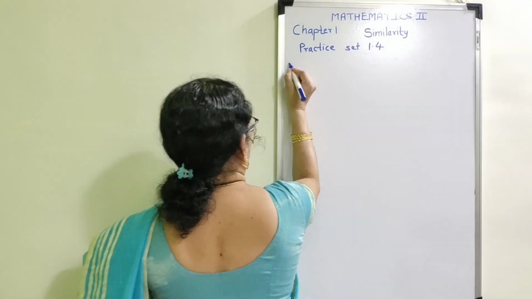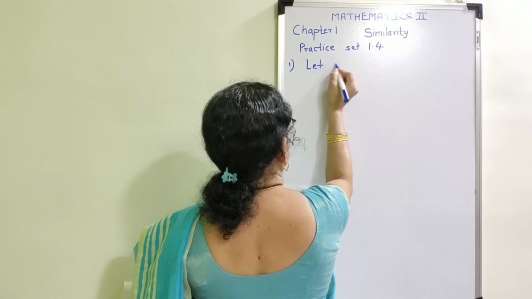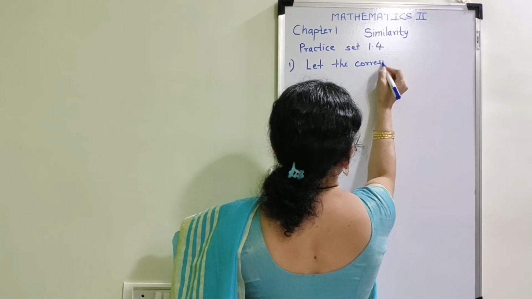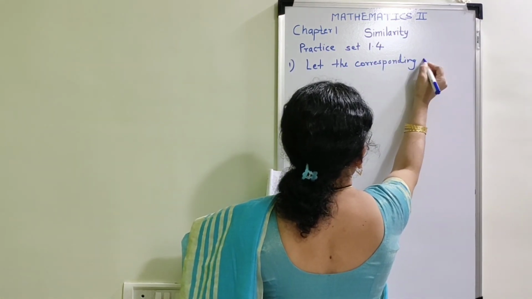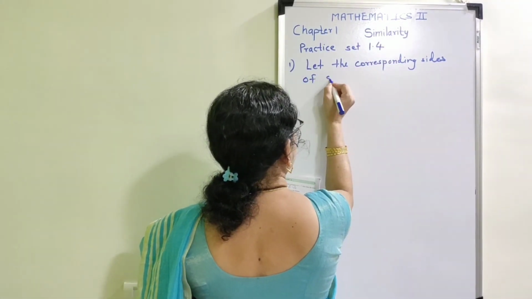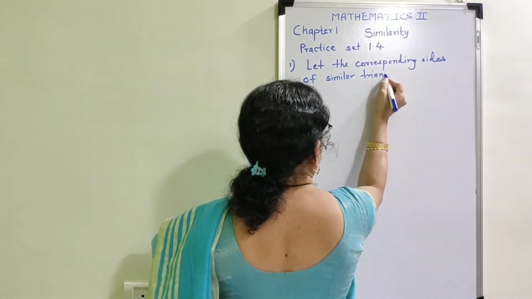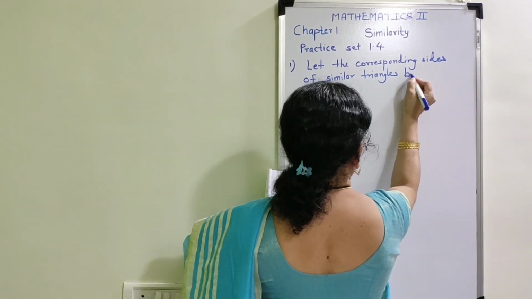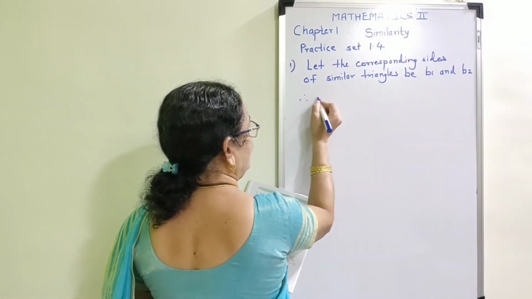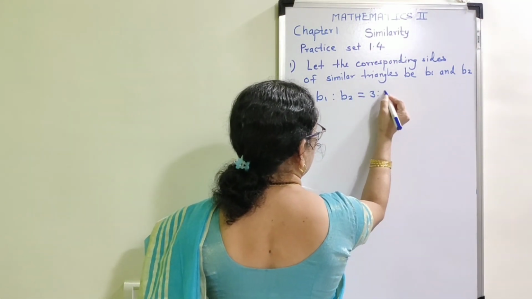First example, let the corresponding sides of similar triangles be B1 and B2, and therefore B1 is to B2 is equal to 3:5.